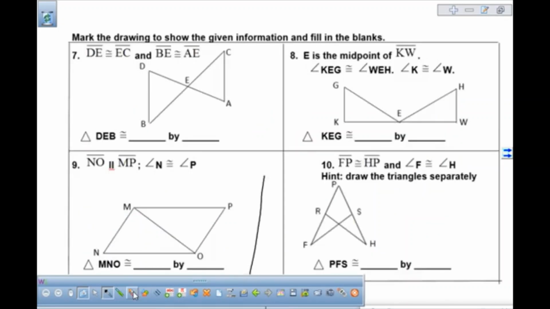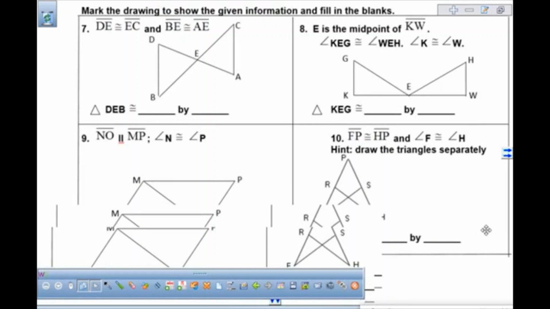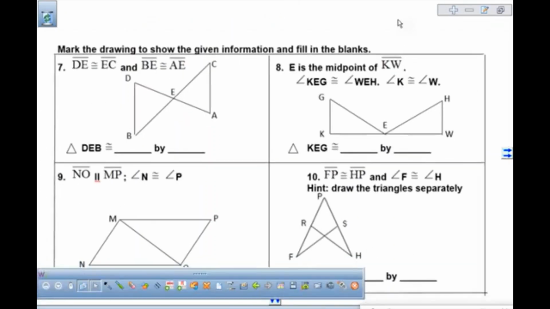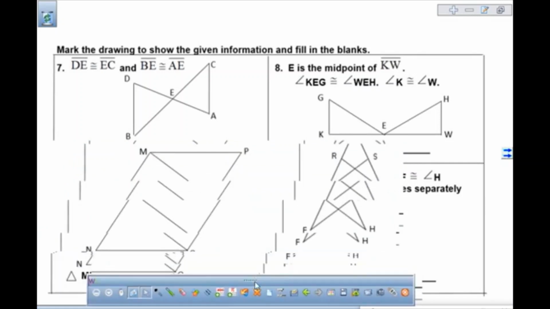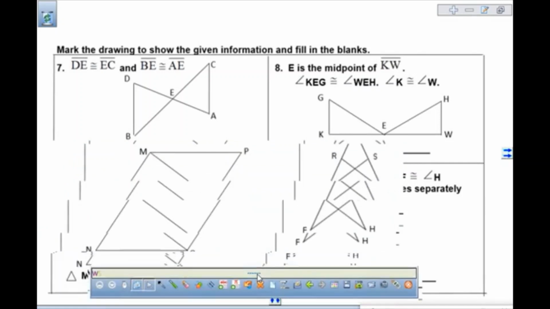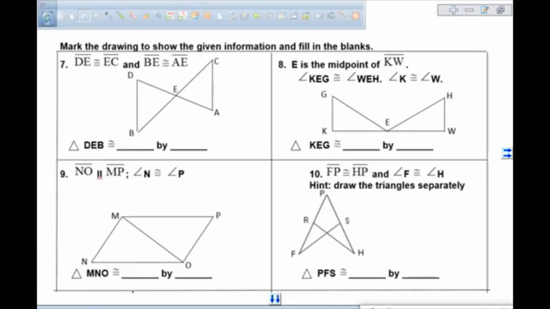Our next one, we want to mark everything that was given to us and any extra information that we know is congruent.